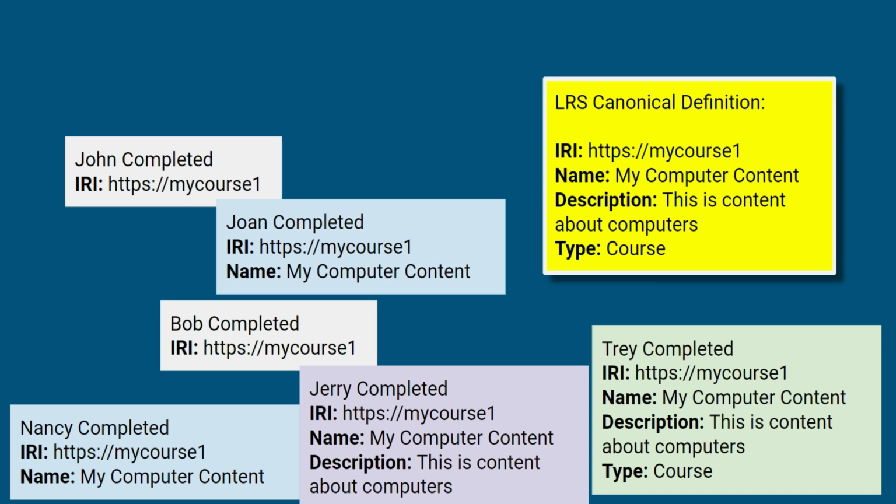And if we render a graph, now the LRS has all of this data about the name, the description, the type that it can use, even if all of the statements that we received prior did not have this information. Like our first one from John, even though we just know from John that it was IRI my course1, now we know all this other information about it. So when we're building graphs and charts, we can make use of that.